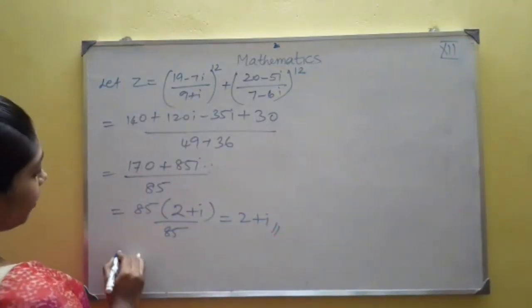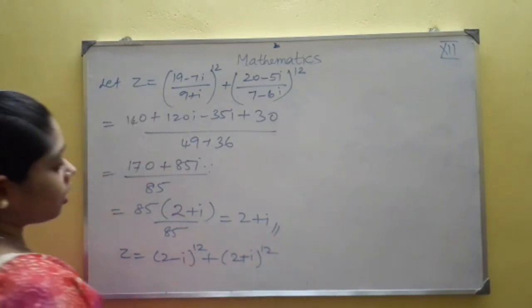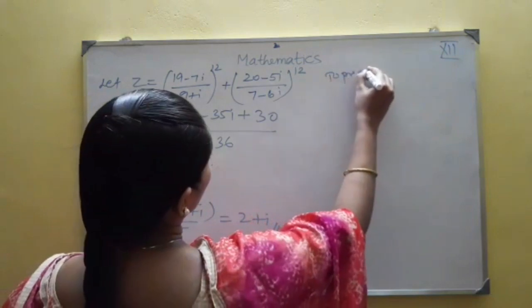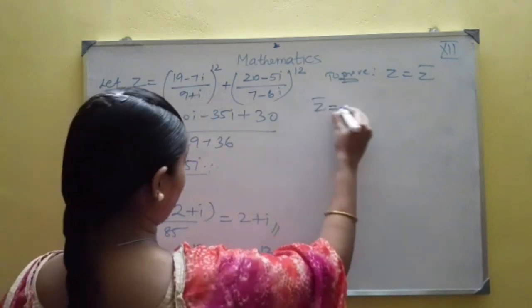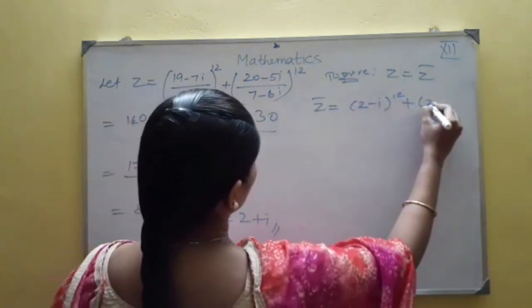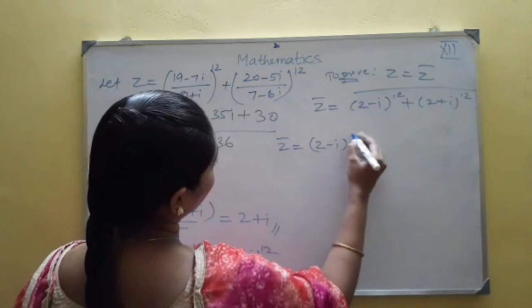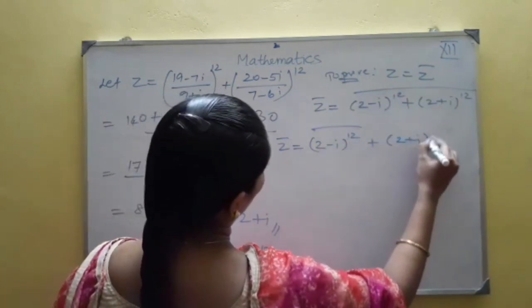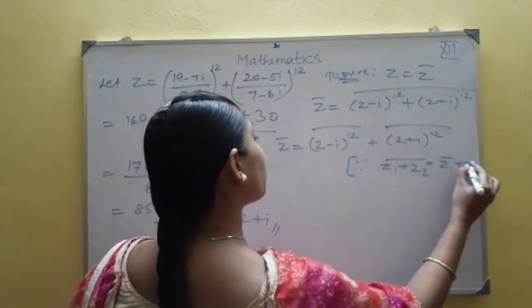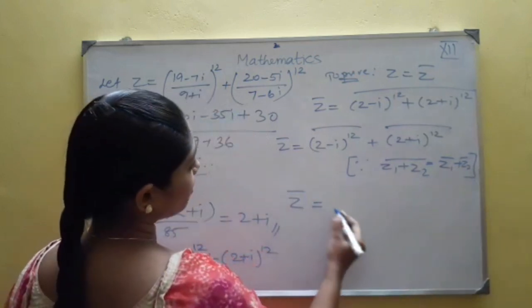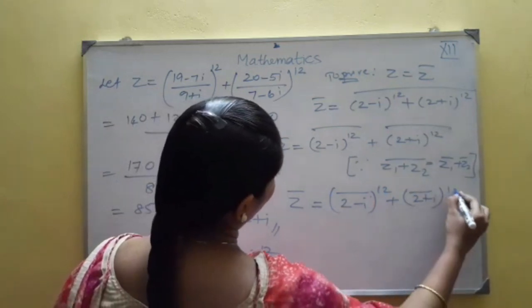Now z can be written as (2 minus i) whole power 12 plus (2 plus i) the whole power 12. What I want to prove right now is z equal to z bar. Now this is my z, so what is my z bar? It is ((2 minus i) the whole power 12 plus (2 plus i) the whole power 12) the whole bar. Since (z1 plus z2) the whole bar equals z1 bar plus z2 bar, now z bar is equal to (2 minus i) power 12 bar plus (2 plus i) power 12 bar.